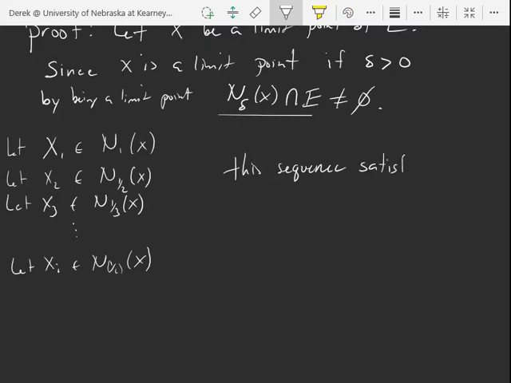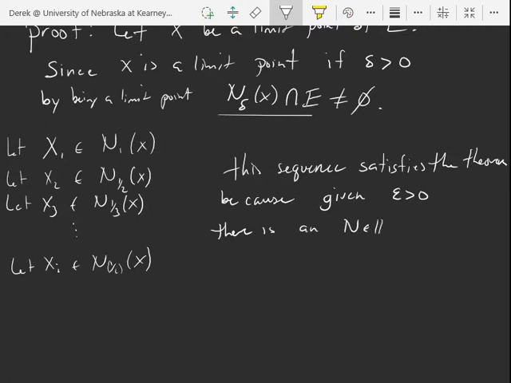This sequence satisfies the theorem. Because given epsilon bigger than 0, there is an n in the natural numbers with n times epsilon bigger than 1.